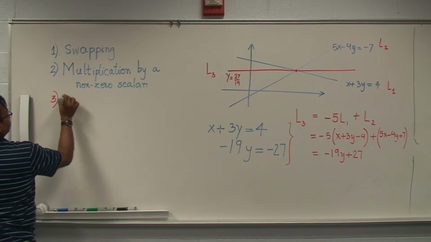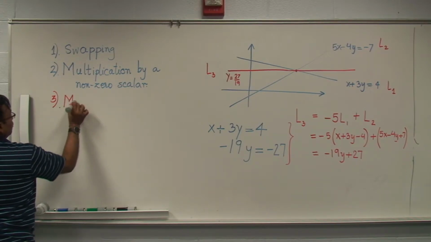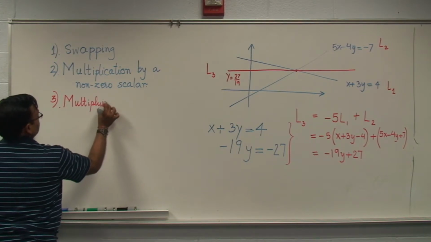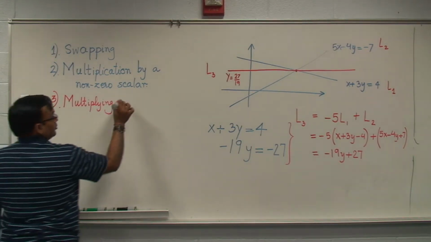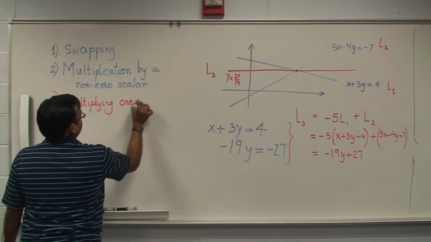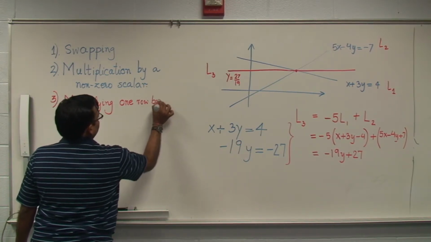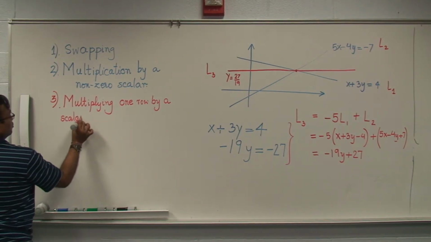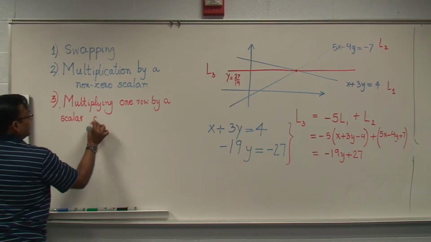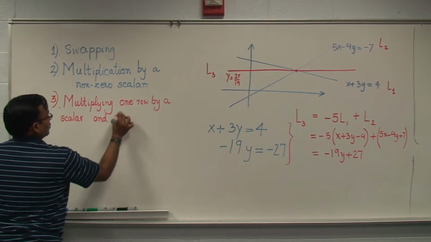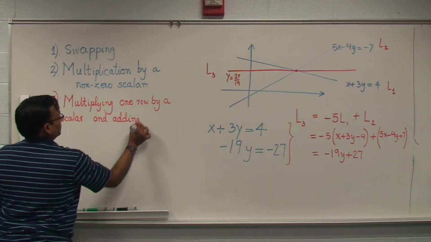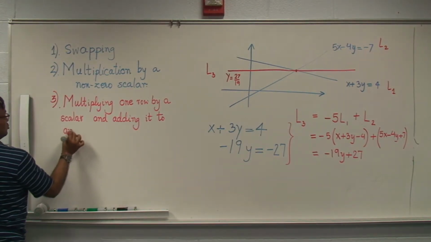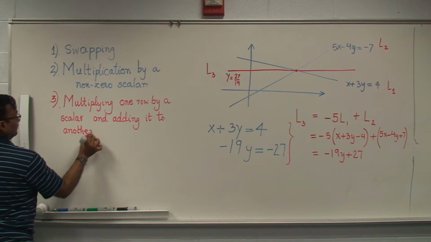It is multiplying one row by a scalar and adding it to another row.